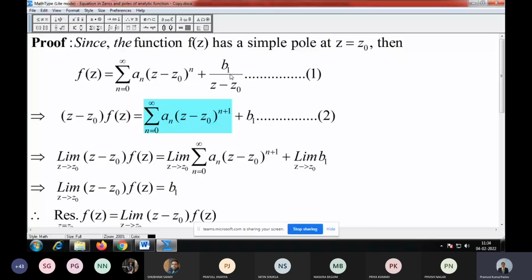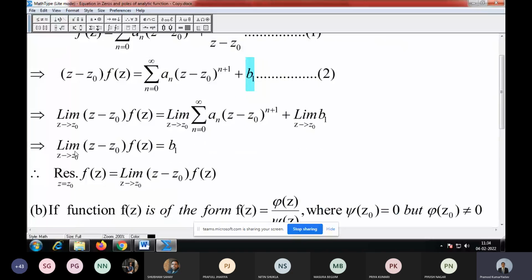So b1 is ultimately limit z tends to z naught, (z minus z naught) f(z), and by definition this b1 is the residue. That's why the residue of a function f(z) at z equals z naught is limit z tends to z naught, (z minus z naught) into f(z). I hope it is okay.